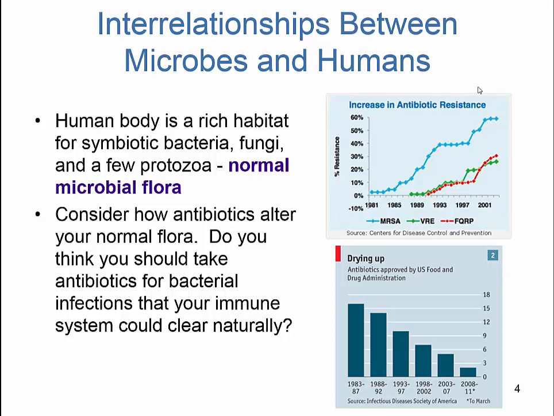If you happen to have one of those microbes that picks up a resistance gene, and particularly is resistant to methicillin, such as in the case of MRSA, or resistant to vancomycin in the case of vancomycin-resistant enterococcus.